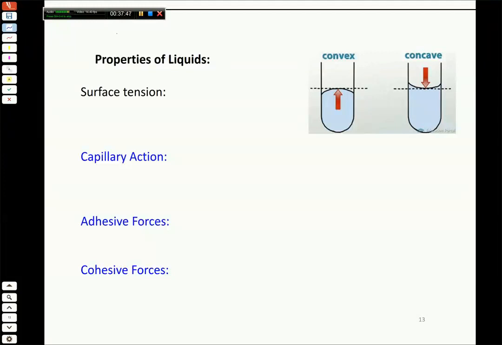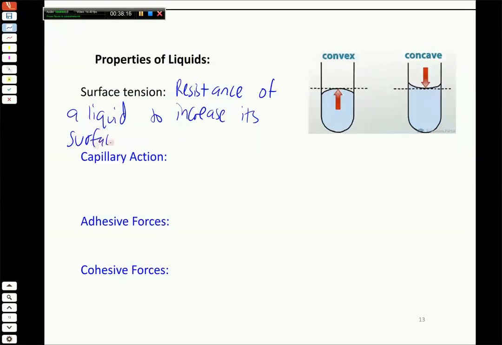And one of the things we want to understand is what's called surface tension, which is the resistance of a liquid to increase its surface area. That's the precise definition. As we talked about when we first defined what a liquid was a little bit earlier, a liquid always has an upper surface, so it can change its shape depending on the container it's in, but it always has an upper surface, and that upper surface is caused by surface tension, the resistance of a liquid to increase its surface area.